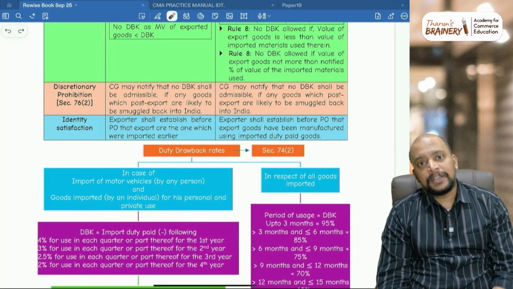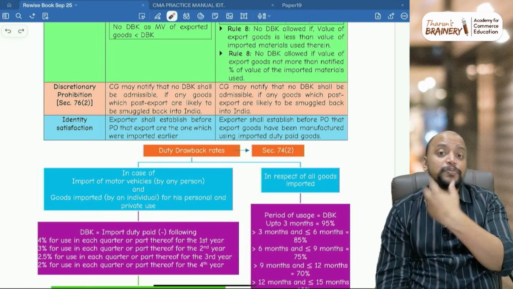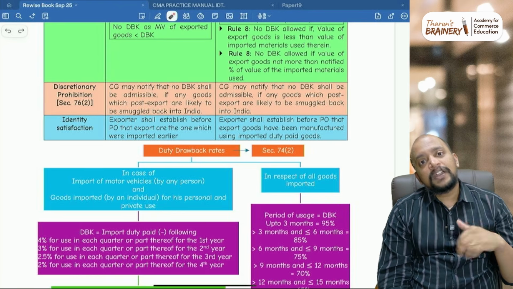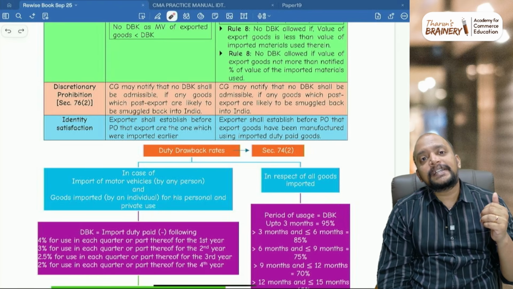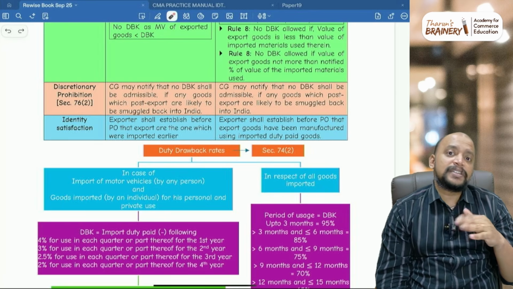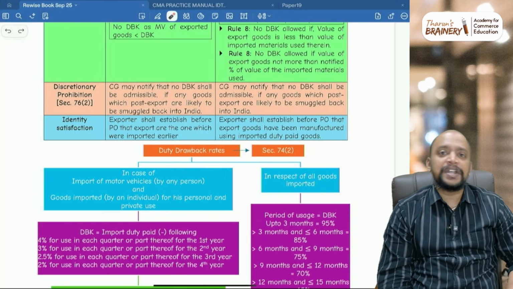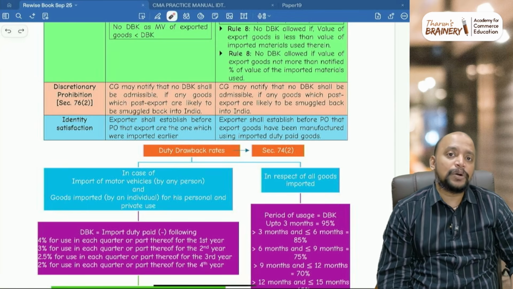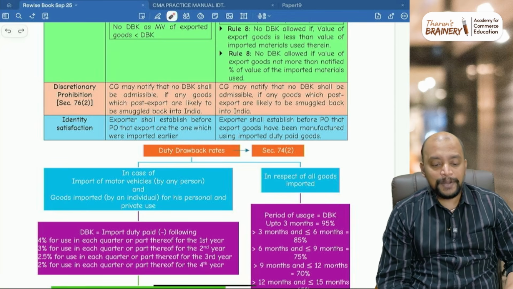Now what you are doing, you are importing and then exporting the machinery. You paid customs duty and you are exporting that machinery. Out of that 3 crores, 98% you will get as duty drawback. And thereafter, this machinery can be smuggled easily into India through the land route. So if they have doubt, then they will disallow the duty drawback.